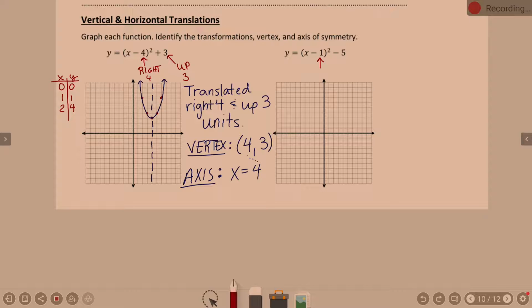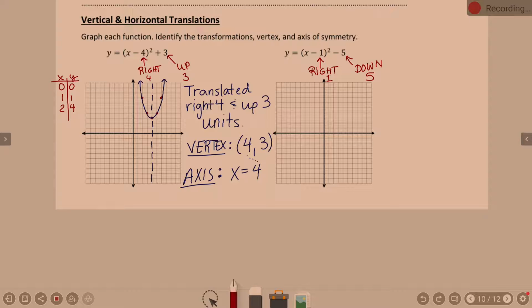Minus 1 in the parentheses is left or right, opposite the sign. So right 1. Down 5. Minus 5 at the end is up or down with the direction of the sign. So down 5.